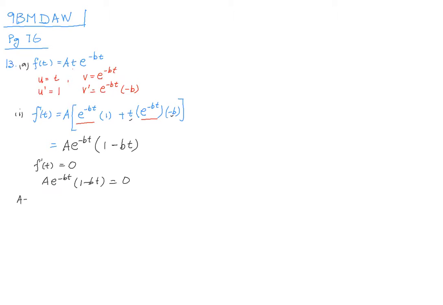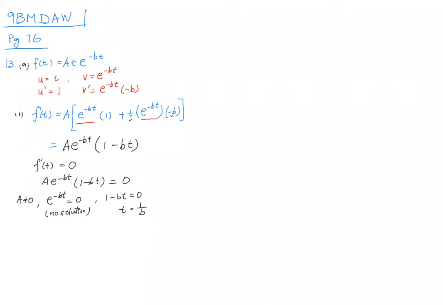A cannot be 0. E to the power negative bt equal to 0 is no solution. And the other one is 1 minus bt equal to 0. So t equal to 1 over b.